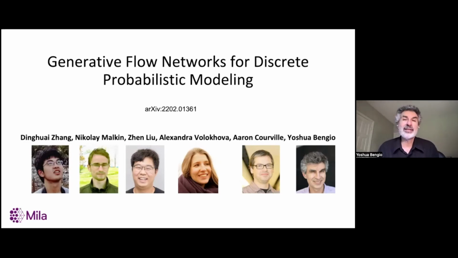But what if instead we just have data and we want to learn a sampler, a generative model, for that data? So this paper proposes one particular way, based on energy functions, learning the energy function to do that.